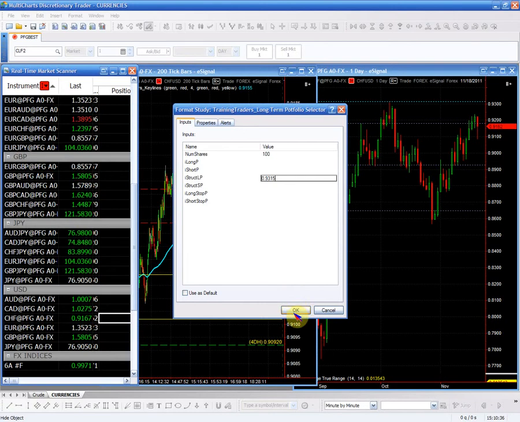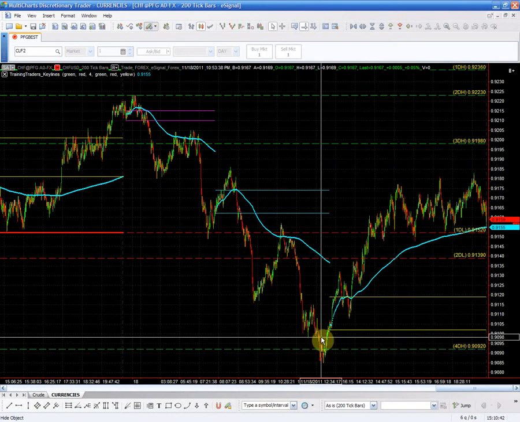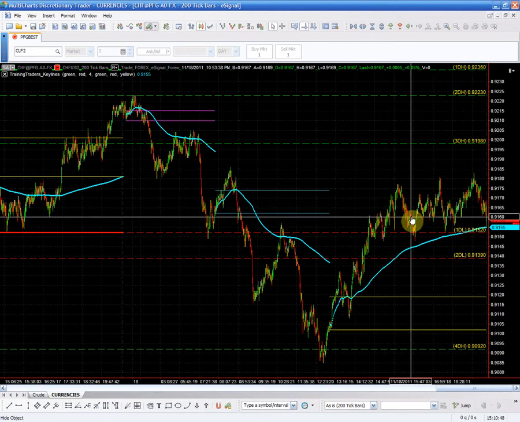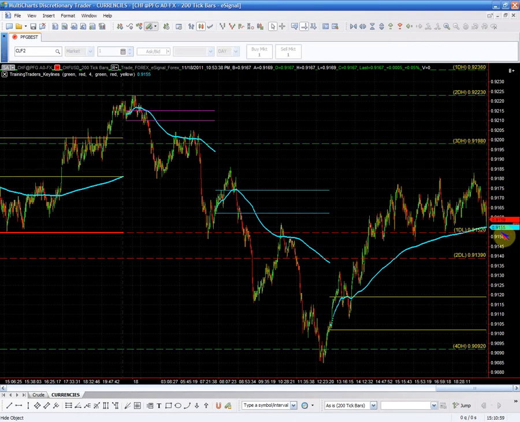I'm going to use that as my structure point to the upside, and I'm going to look at my intraday to find a place where I can buy it. I want to buy the dollar Swiss. So if I look at this chart, right above the 91.80, that would be my buying point, and I can place my stop below the market side.